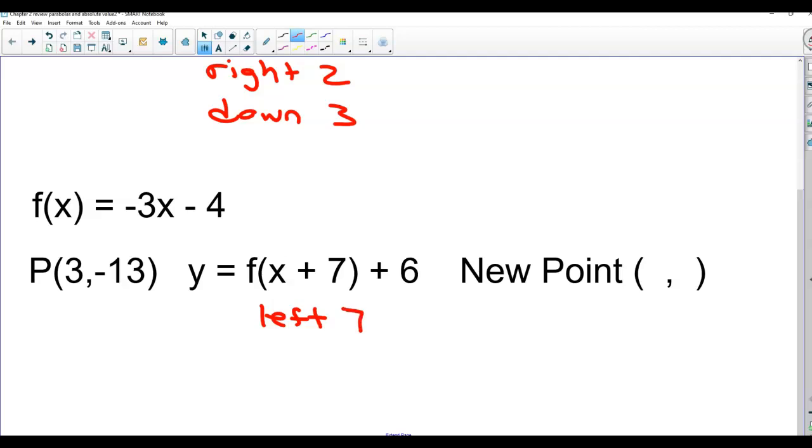The number out here with its sign represents the vertical shift. So I'm going up 6. If I go left 7 from 3 on the x-axis, that brings me to -4. If I'm going up 6 from -13 up the y-axis, it would be -7. So that's my new point, (-4, -7).